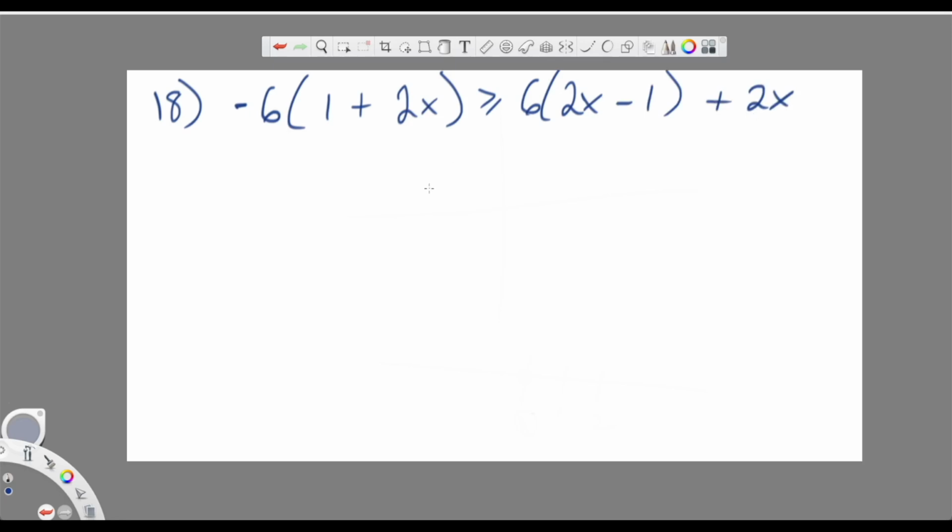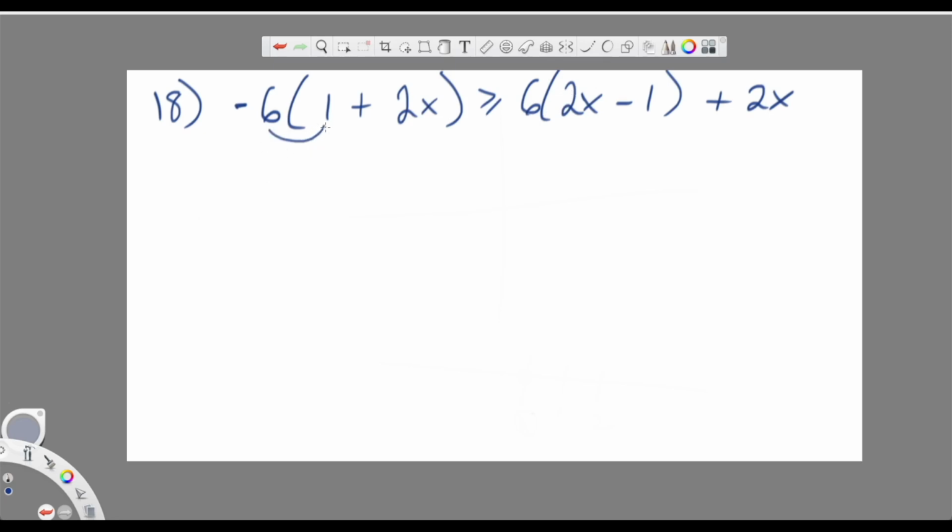Now, again, following PEMDAS, the order of operations, we're going to solve for the parentheses first. The reason this problem looks very intimidating at first is because it has multiple parentheses and it looks all over the place. But after we solve for the parentheses, it should look a lot more familiar.